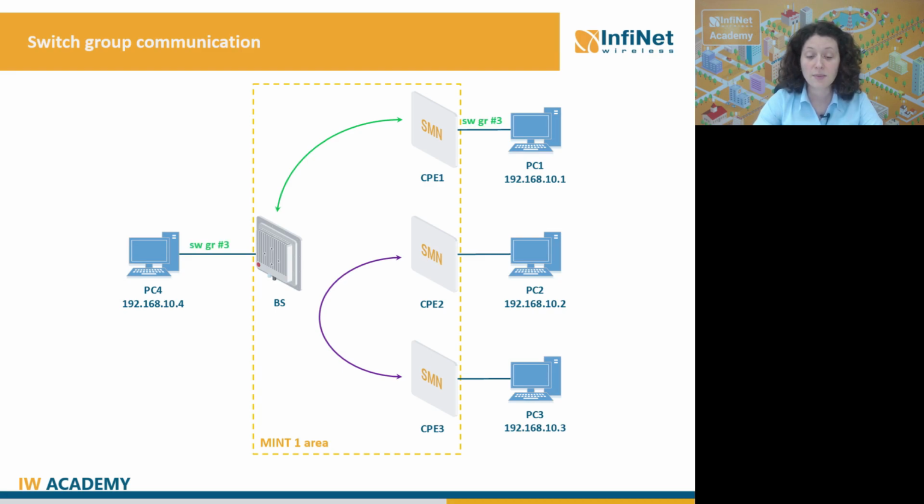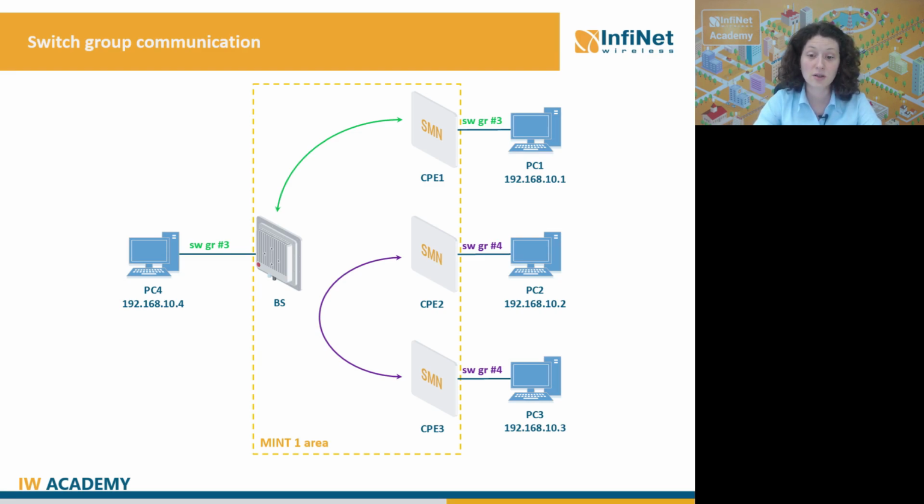In order to connect PC4 and PC1, we will create switch group 3 on the base station and on CPE1. Further, in order to connect PC2 and PC3, switch group 4 is added on CPE2 and on CPE3. Since the switch group IDs are different, PC1 cannot communicate with either PC2 or PC3, for example, as expected.